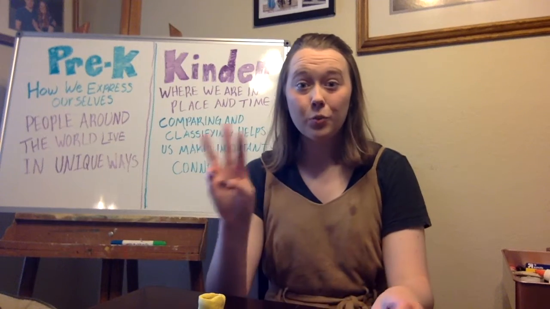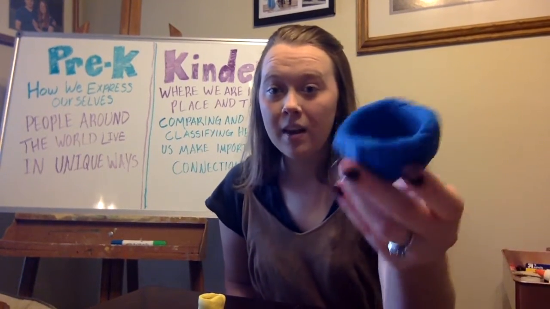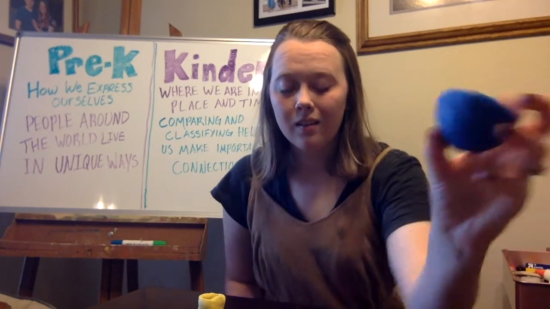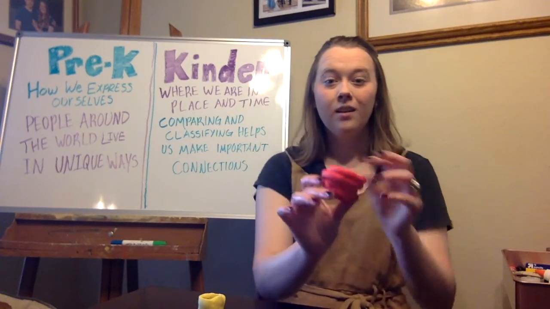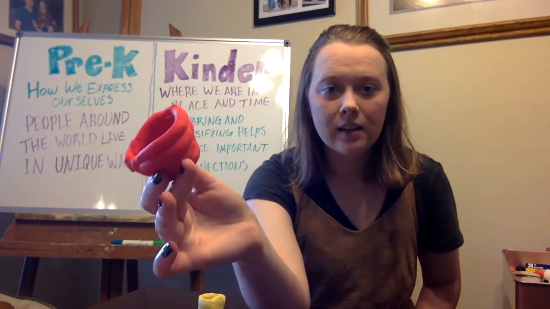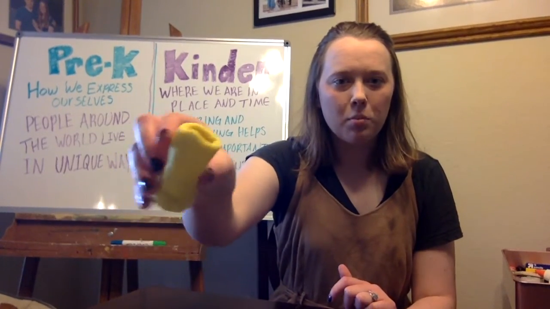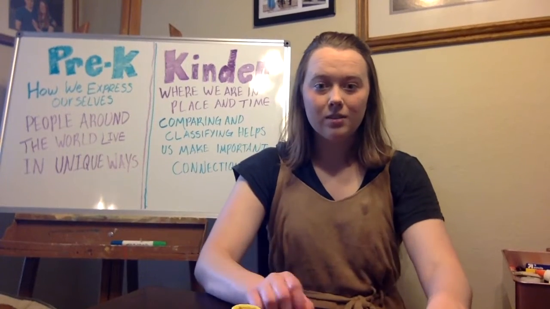We made 3 types of hand building pots. We made a pinch pot, we made a coil pot, remember those snakes or those worms, and we made a slab pot. So it was made out of those flat rectangles.